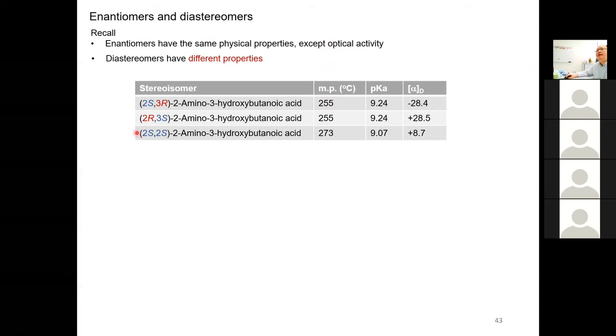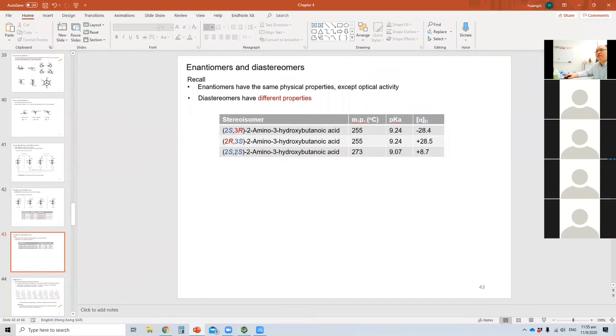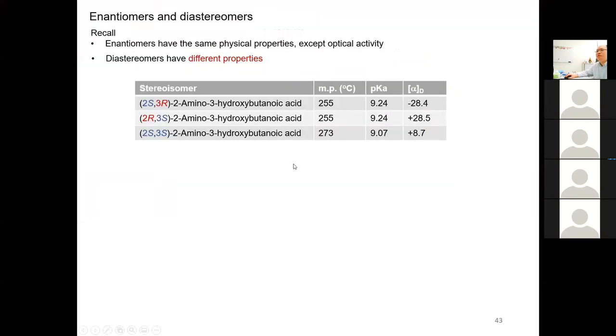Then 2S, 3S is not an enantiomer of these 2, right? 2S, 3S is a diastereomer of both of these 2: 2S but with the 3 flipped, and 3S but with the 2 position flipped.